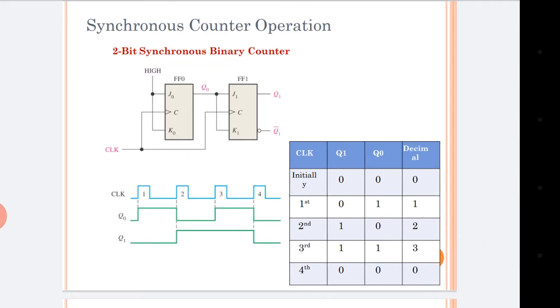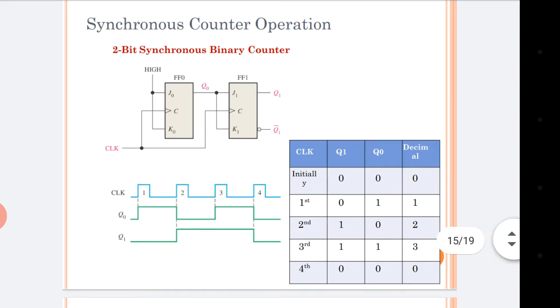That means J1 and K1 both are either 0 or both will be 1, and it depends on the value of Q0. As per the truth table, for a JK flip-flop, when both inputs are 0, its output will be no change, and when both the inputs are 1, it will toggle.